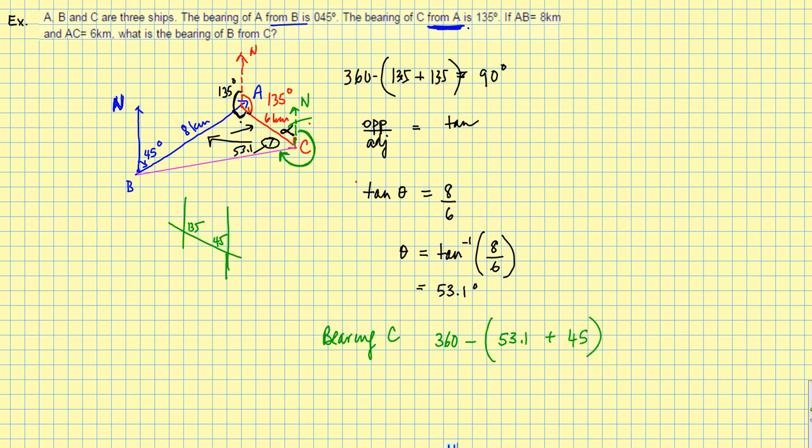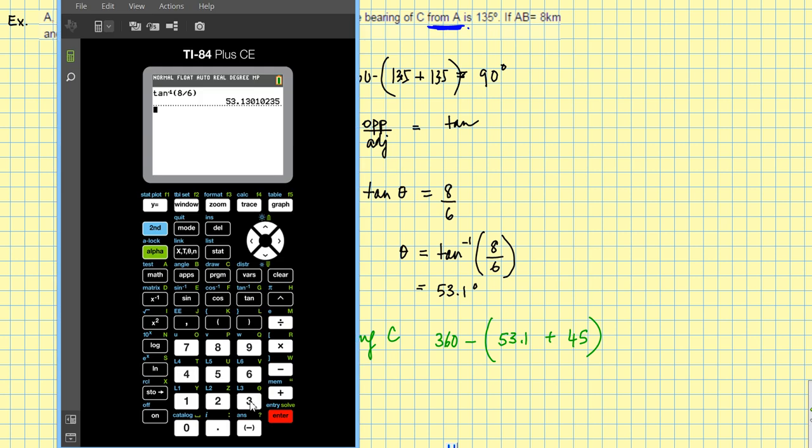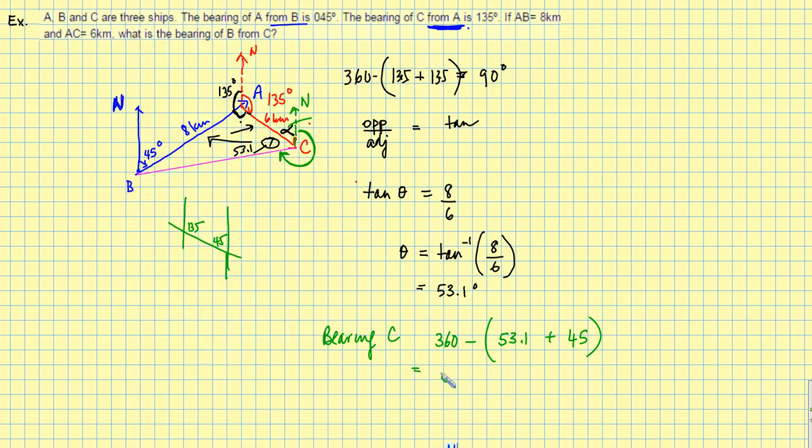So when we add those up and subtract them from 360, I can do 360 minus 53.1 and then minus the 45, and that gives me 261 approximately, or approximately 262 degrees.